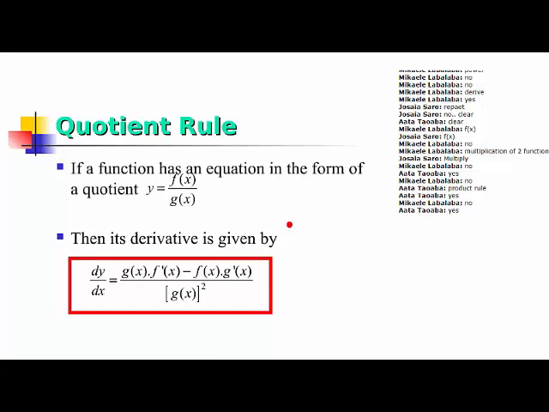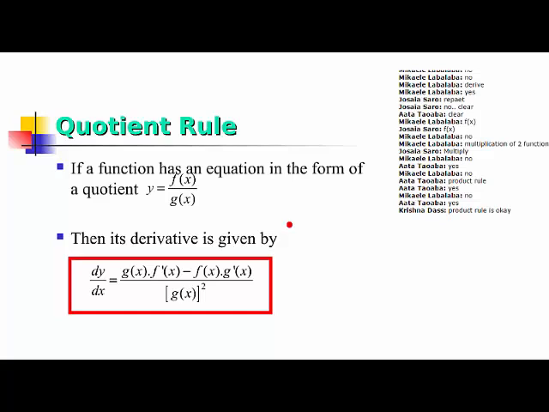Quotient rule. So when do we apply the quotient rule? We apply the product rule when two functions are being multiplied. That's what we saw. Okay. Good. So let's look at the quotient rule. When do we apply the quotient rule?